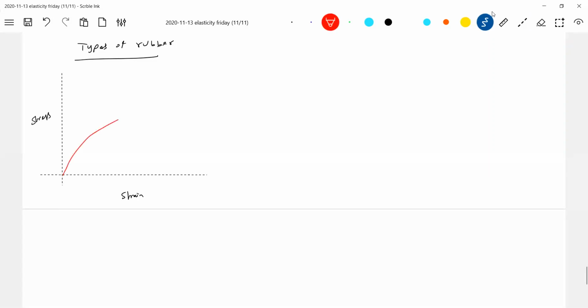I'll plot the stress versus strain graph. It can be any shape. So some arbitrary shape is what we have picked up.